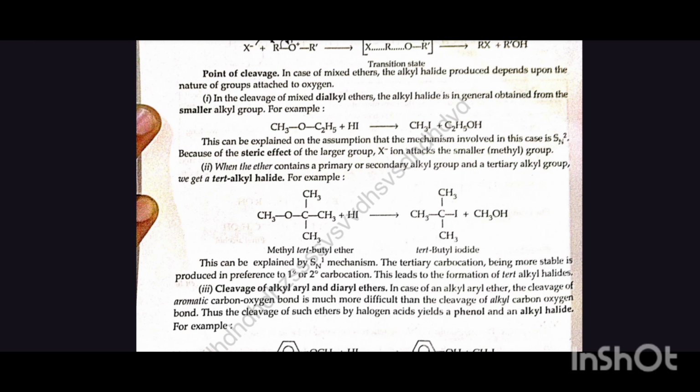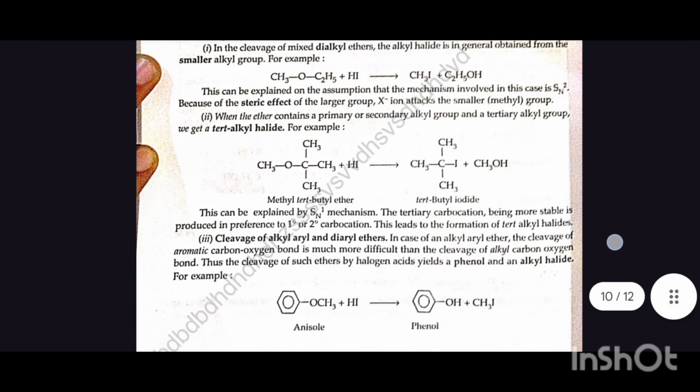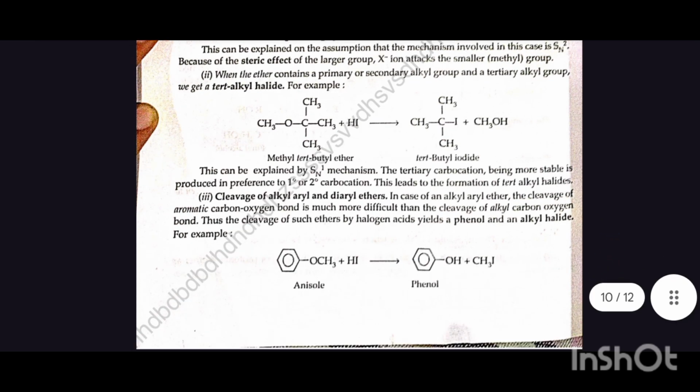For example, methyl tertiary butyl ether gives tertiary butyl iodide plus CH3OH. This can be explained by the SN1 mechanism. The tertiary carbocation, being more stable, is produced in preference to the primary or secondary carbocation. This leads to the formation of the tertiary alkyl halide.